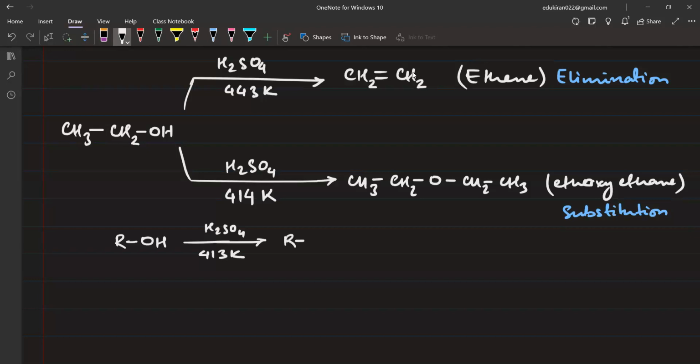We have R bonded to oxygen, and then again R. So if I split the molecule at oxygen, on the left side I have the same alkyl group as on the right side. Oxygen is bonded to the same alkyl groups, and these are known as symmetrical ethers. So please write here, symmetrical ether.